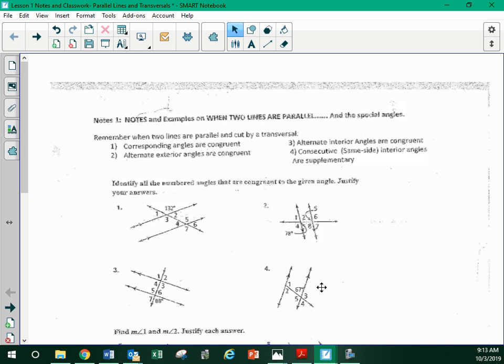Okay, so coming around to you is some summary of what we just said and some examples. Is there anyone that did not get a copy of our notes and examples?